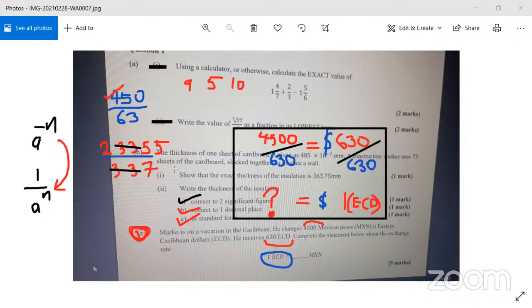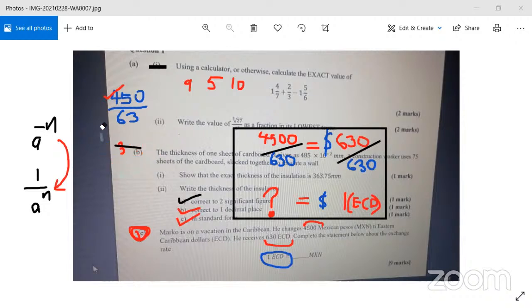So if you divide 50 by 7, that's the value you're going to get in Mexican pesos right here. You're going to have 25 times 2, 50 divided by 7. That's your answer. You can use a calculator at this point.